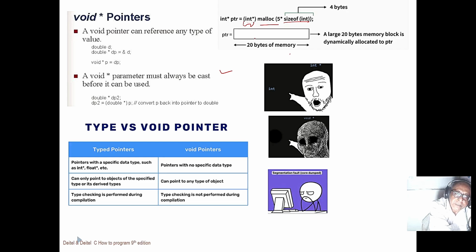So it will be 20 bytes of memory block dynamically allocated to the pointer. Typed pointer versus void pointer with no specific data type: it can be targeted, but whenever you dereference it, it has to be cast. Type checking is not performed, so you have to use it very carefully.